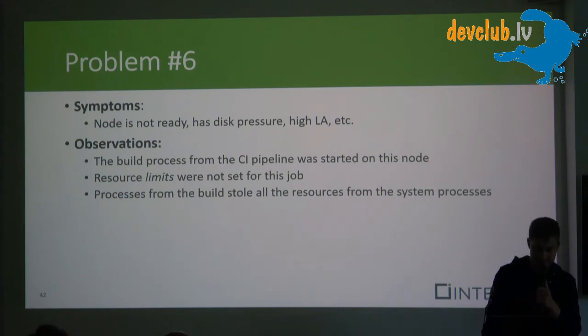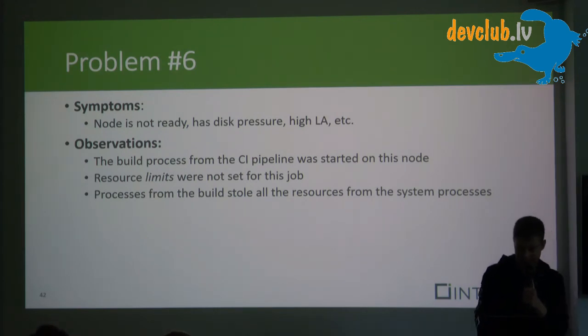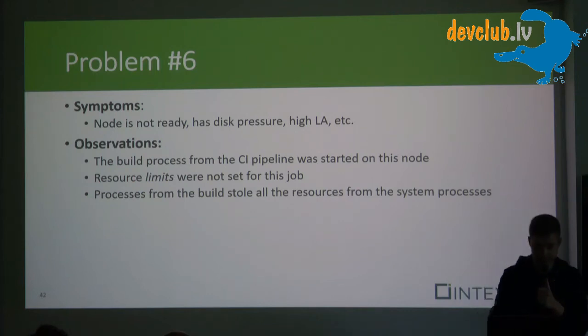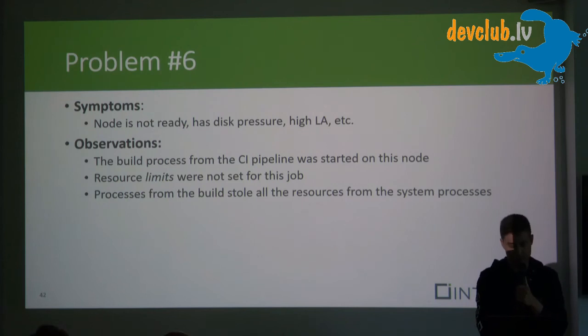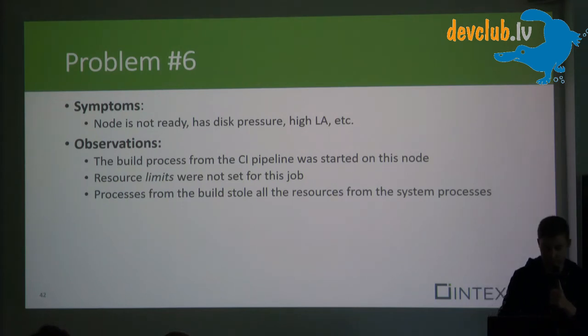After connecting to it, there were many processes from our build pipeline, which didn't have limits set for the resources, and it just destroyed the node. It stole all the resources from the system processes.